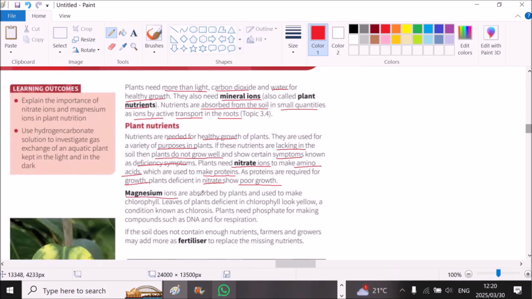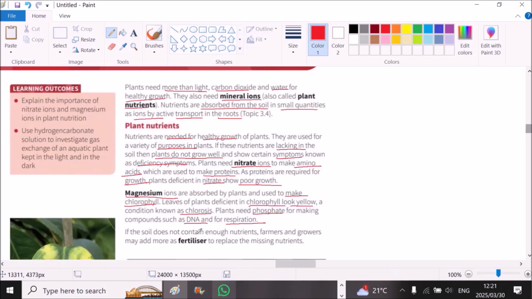Magnesium ions are absorbed by plants and used to make chlorophyll. Leaves of plants deficient in chlorophyll look yellow, a condition known as chlorosis. Plants also need phosphate ions for making compounds such as DNA and for respiration.